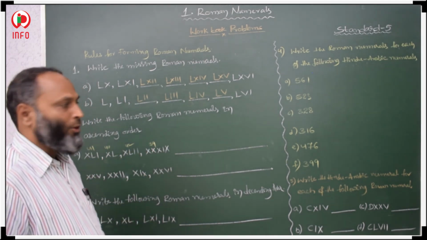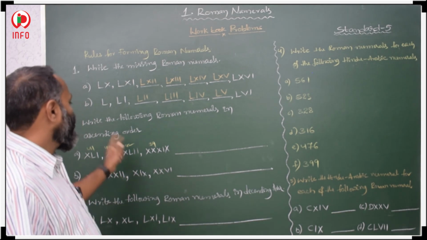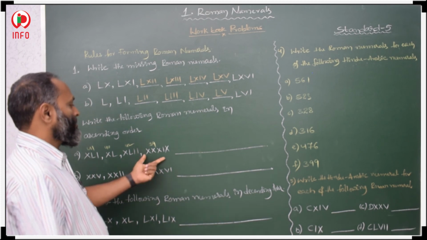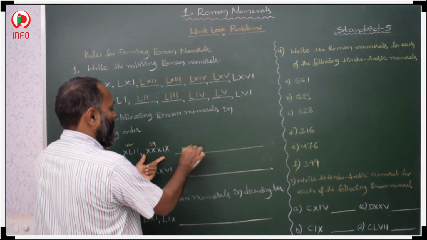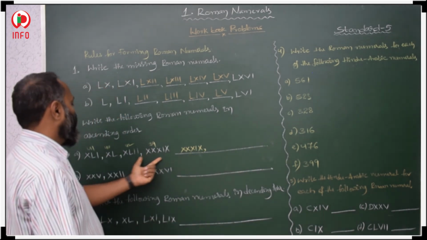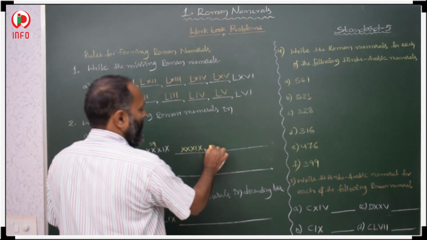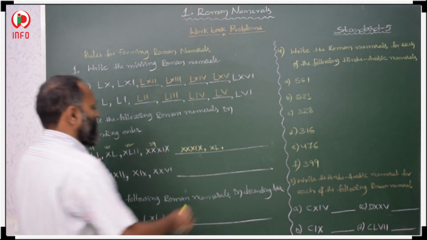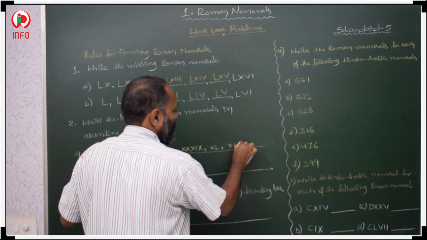So these are the Roman numerals. We have to arrange them in ascending order. Ascending means increasing, so first we take the smaller one. XXXIX is 39. Then 40, XL. Then 41, XLI.